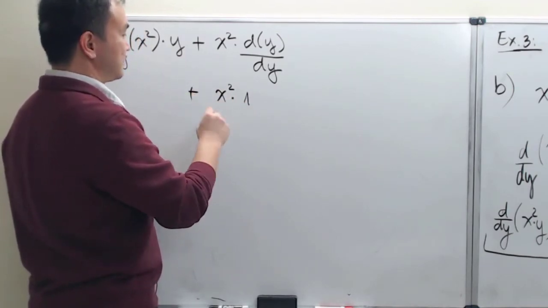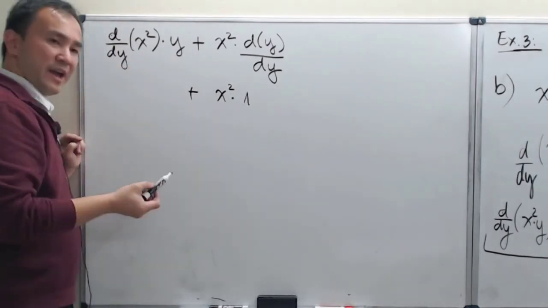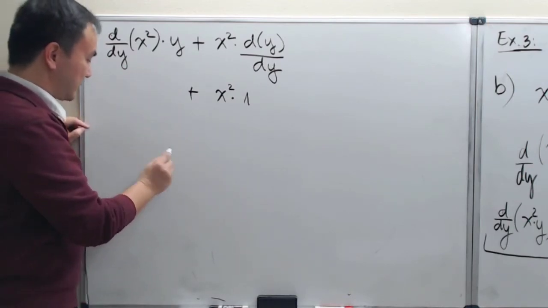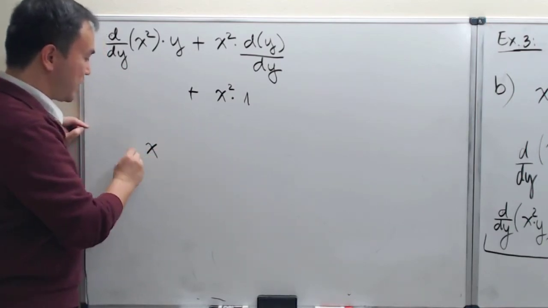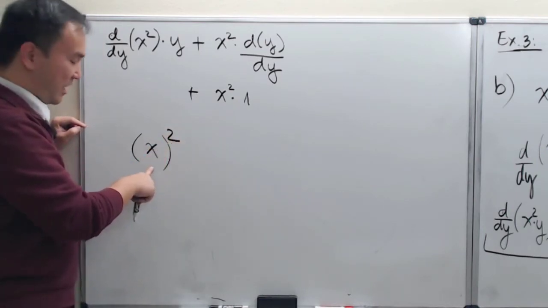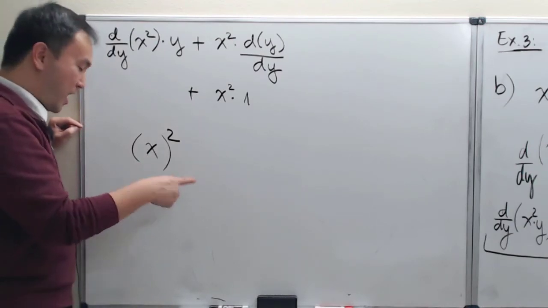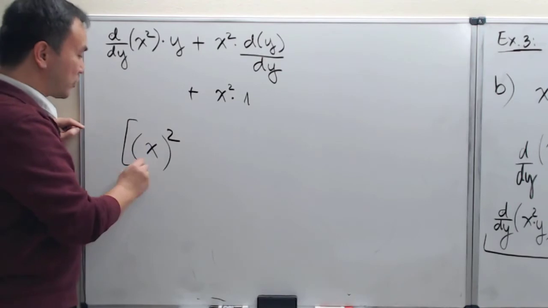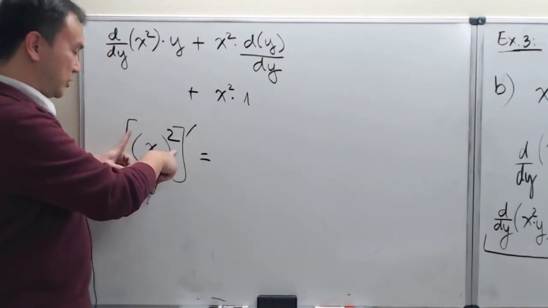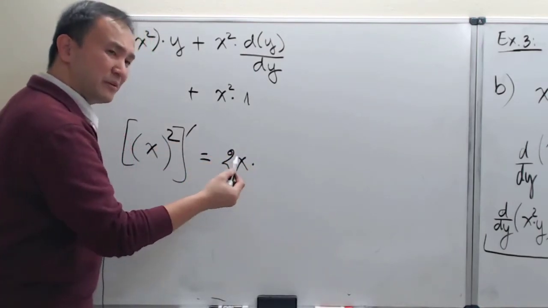Then here x is a function of y. The x squared there, we can think of as a squaring being the outside function, and inside of that there's a whole x which is already a function of y. Taking that derivative, the chain rule says we take the derivative of the outside, so it becomes 2x, and multiply with the derivative of the inside.